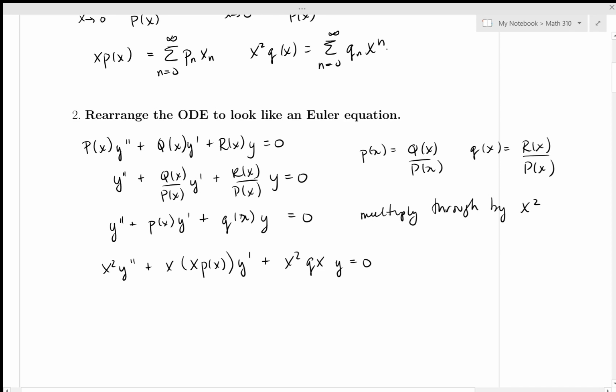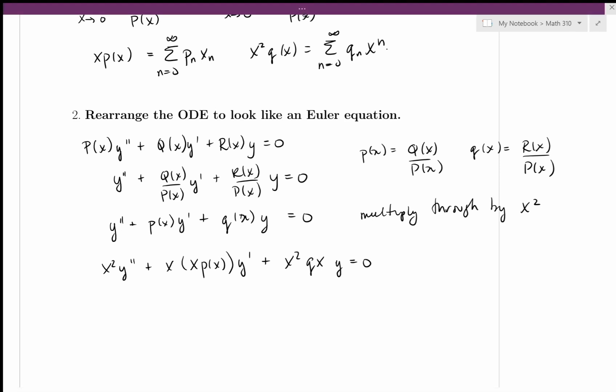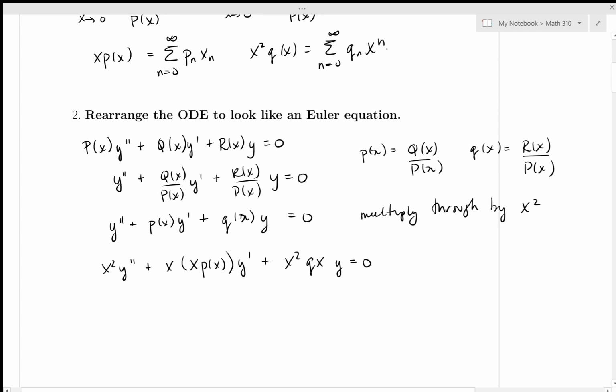So what I want to do is focus on these two terms right here, x p of x and x squared q of x. We have just said that x equals 0 is a regular singular point, and that means that they are analytic at x equals 0, and they have these convergent power series here.